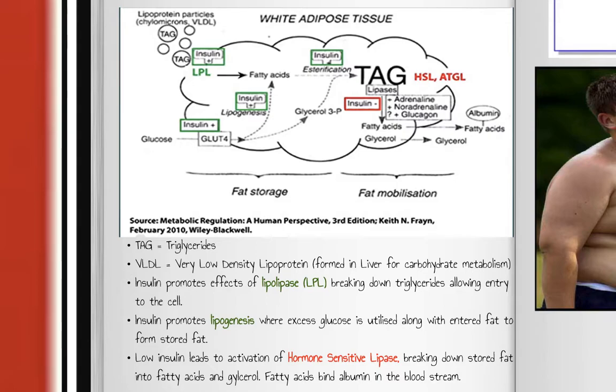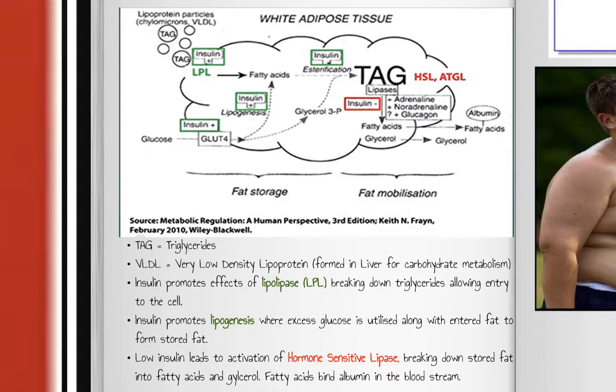I've spoken about the insulin rise. If you look at the things labelled green, you can see that insulin promotes the effects of these. For instance, a high level of insulin promotes the effect of lipoprotein lipase, or the thing labelled LPL, which basically breaks down triglycerides, TAG, into fatty acids, allowing storage and entry into the cell.